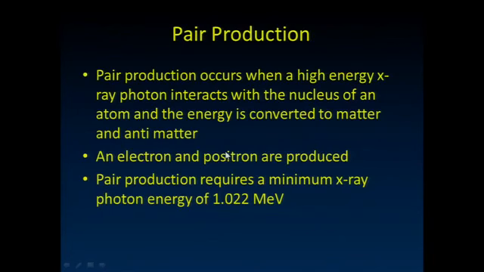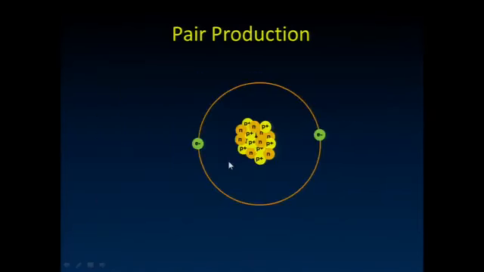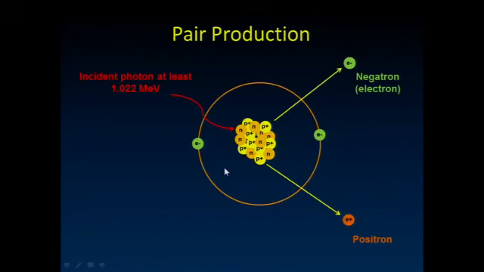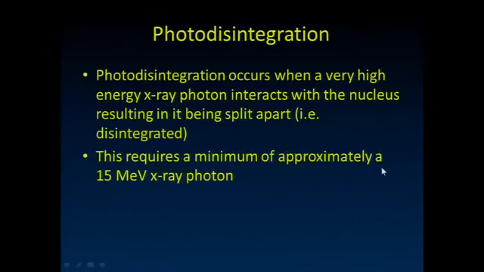And so for us at diagnostic energies, this really is not an issue, right? If you were maybe doing radiation therapy, this would be more of an issue to you. So here's pair production, incident there. We get that negatron and that positron, or that electron and positron produced there.